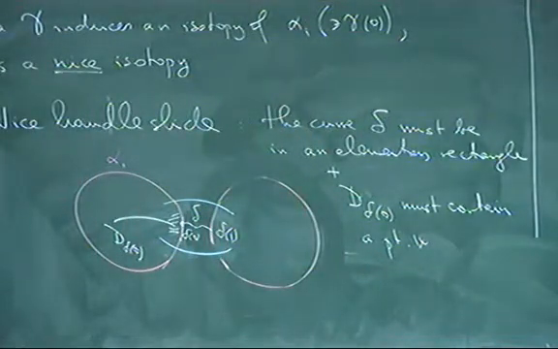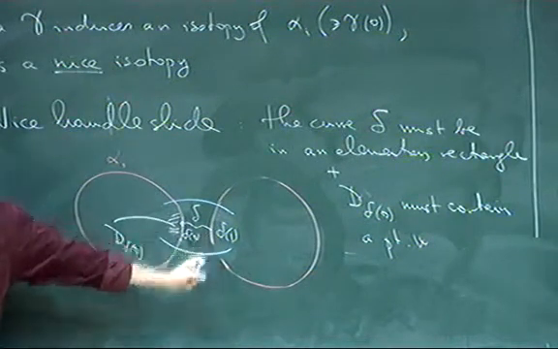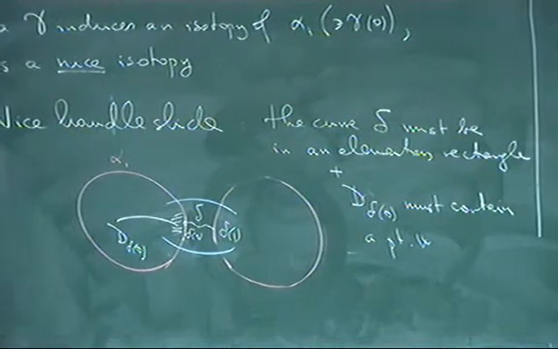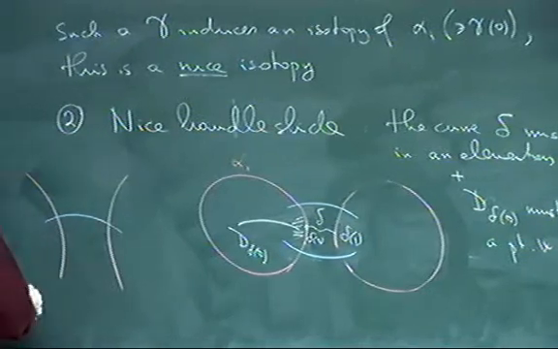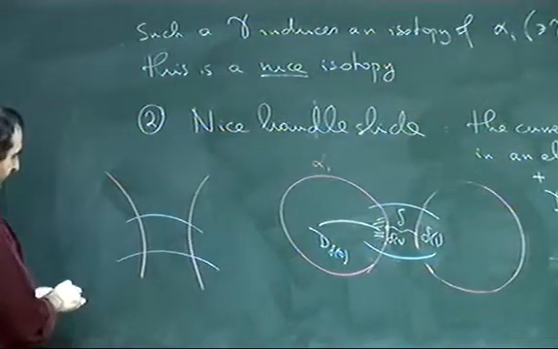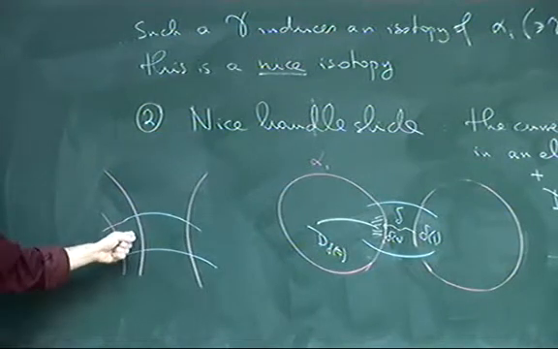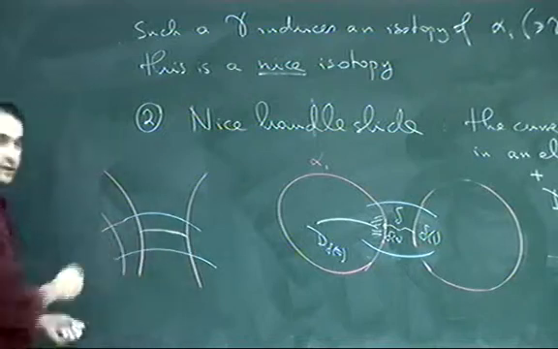And again, the reason for that is that we would like the result of a nice handle slide to be nice if we start with a nice diagram. So notice that this is an important requirement. Say we don't obey that, and the domain behind delta 0 is a rectangle.